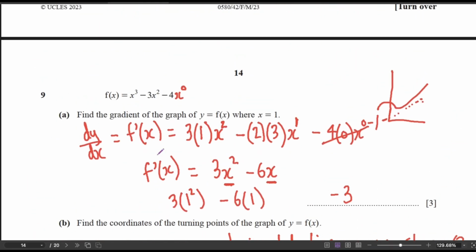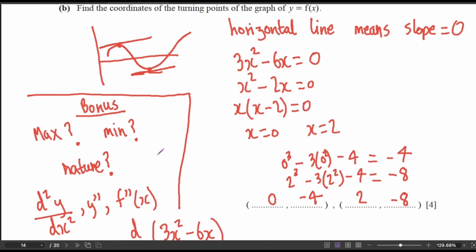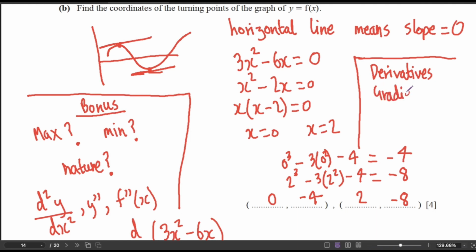So in conclusion, what have we learned? We know about derivatives. That's the main thing. We know that it's basically the gradient function. We know how to calculate it using the power rule.